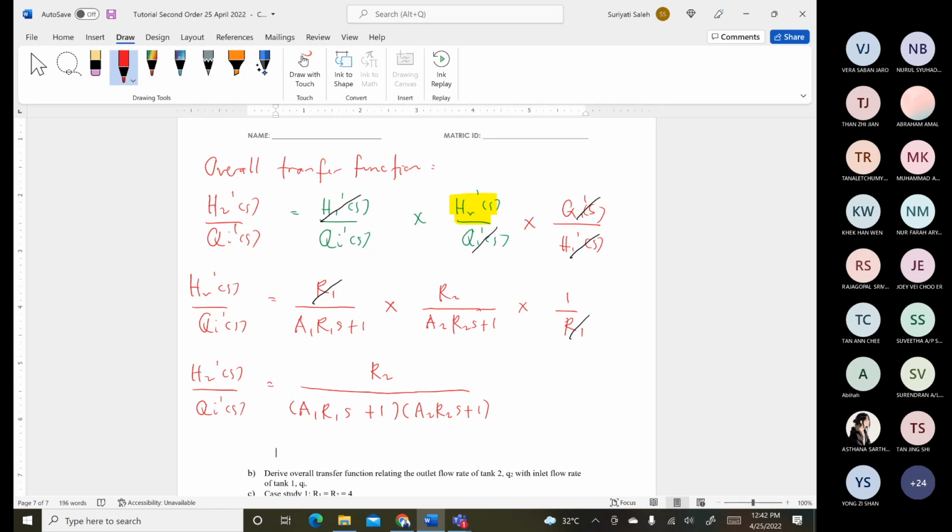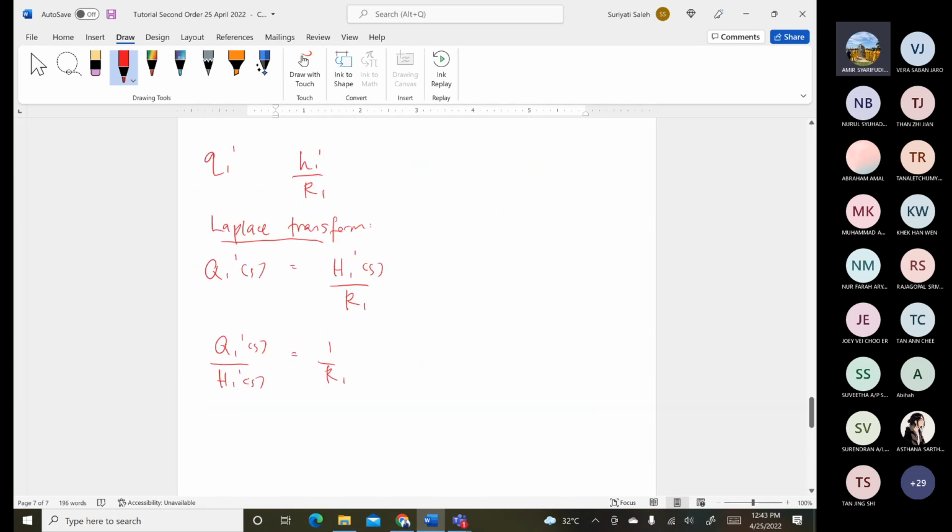Any question? Doctor, does the boundary of the second tank or another tank will be always after the valve?